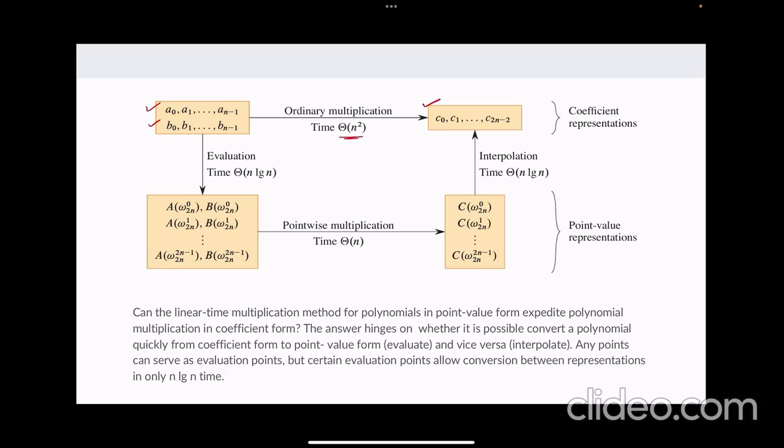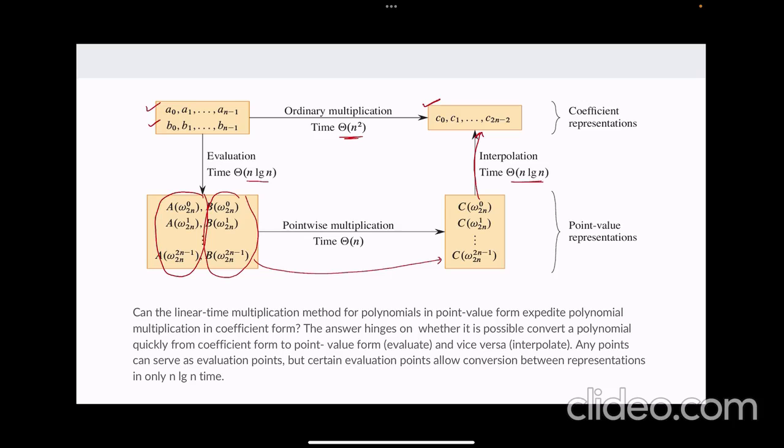This will give me my new array C. But what I want to achieve is to evaluate both of them at the complex roots of unity, which will take me presumably a time of n log n. Then I'll do a point-wise multiplication, which is basically convoluting them to get the point value form of C, which takes a time of theta of n, and then we'll again convert it back into the coefficient form of C, which will again take a time of n log n.